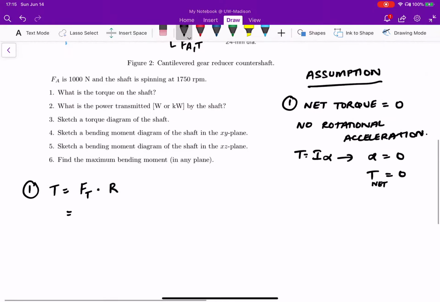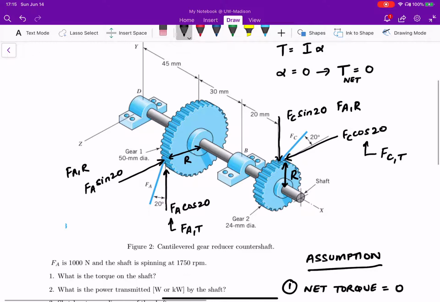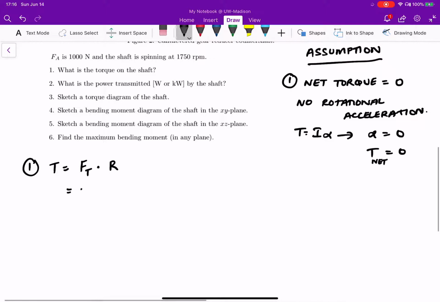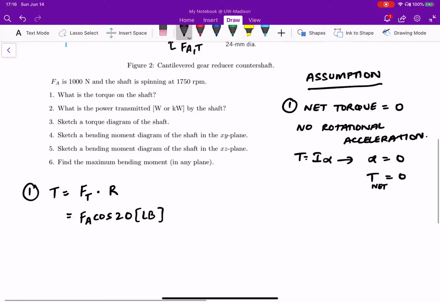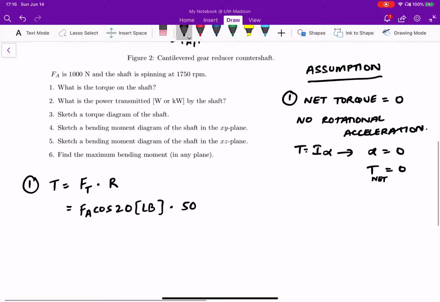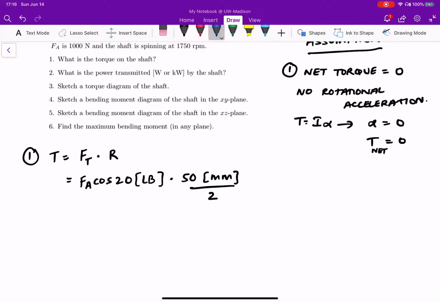In our case, we can solve for the torque either using Fa cosine 20 or Fc cosine 20, but because we don't know what Fc cosine 20 is, we can just use Fa cosine 20. So Fa cosine 20, this is again in newtons, times the radius, which is 50 millimeters divided by 2, and Fa is 1000 newtons.